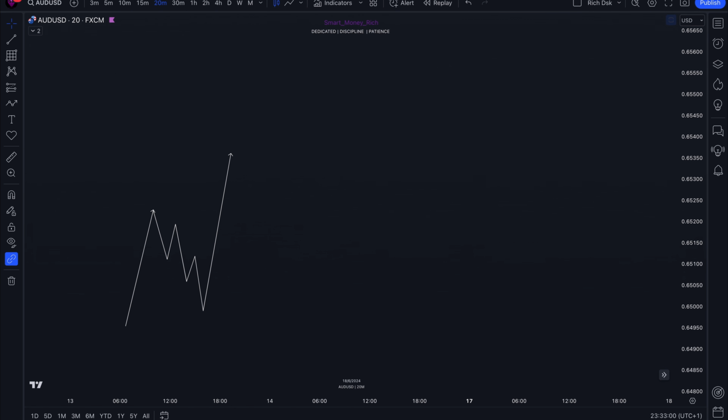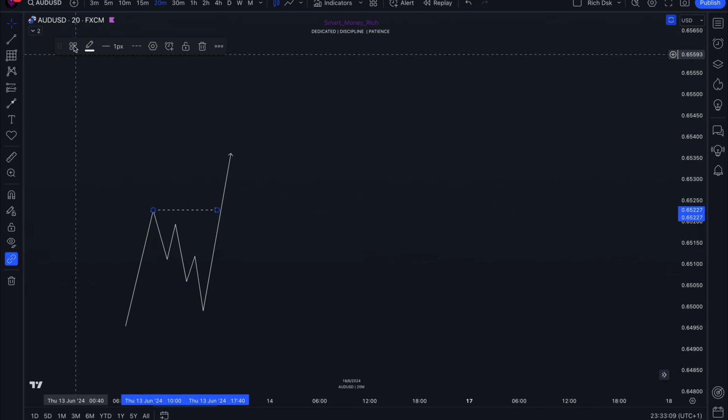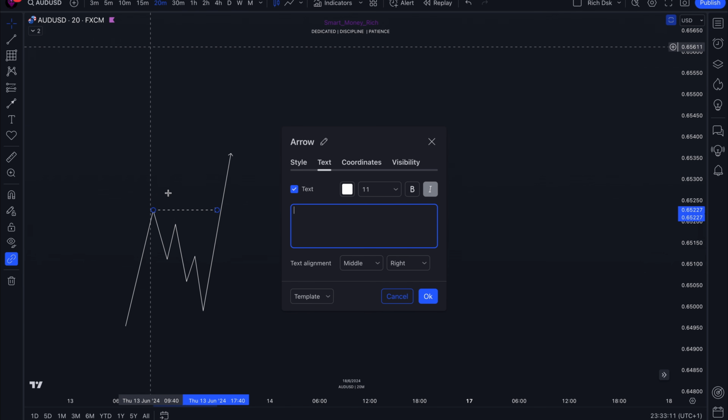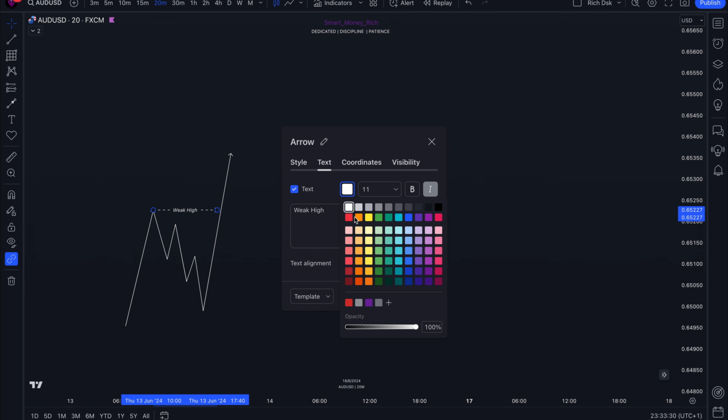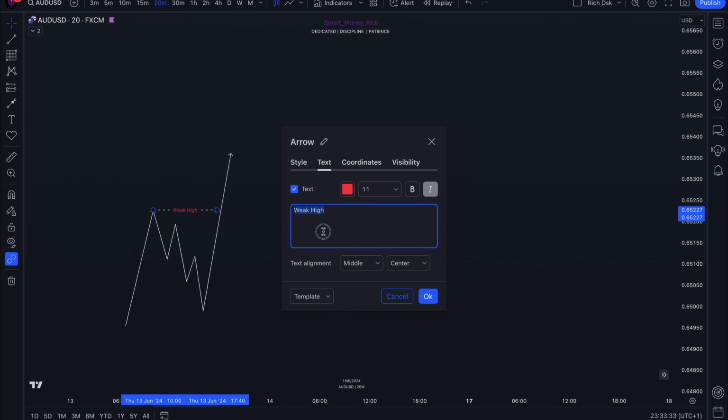Now, this impulse is going to lead to a break of structure, a break of the previous high, which we are going to consider to be a weak high in this scenario, guys. So this is going to be a weak high because it has been what? Broken. So since price has broken this previous high, we now consider it to be a weak high, right?